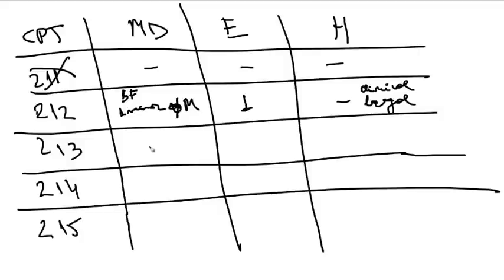Now, if you want to code a 99213, you make sure that the level of complexity of the medical decision is low, and you document it. And what does low mean? That you have either two minor problems, or one chronic stable problem, or an over-the-counter medication that the patient is using.